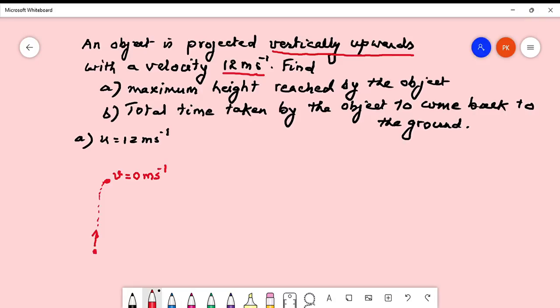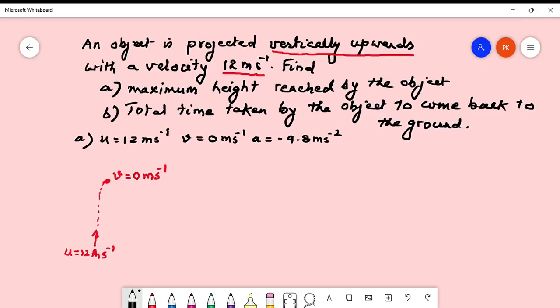So initial velocity u is 12 meter per second and the final velocity is 0 meter per second. So I will take v as 0 meter per second, and since the object is decelerating, a will be taken as negative 9.8 meter per second square.